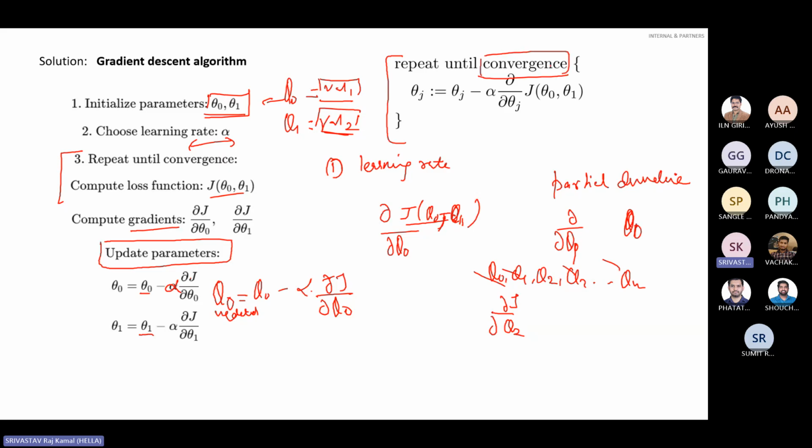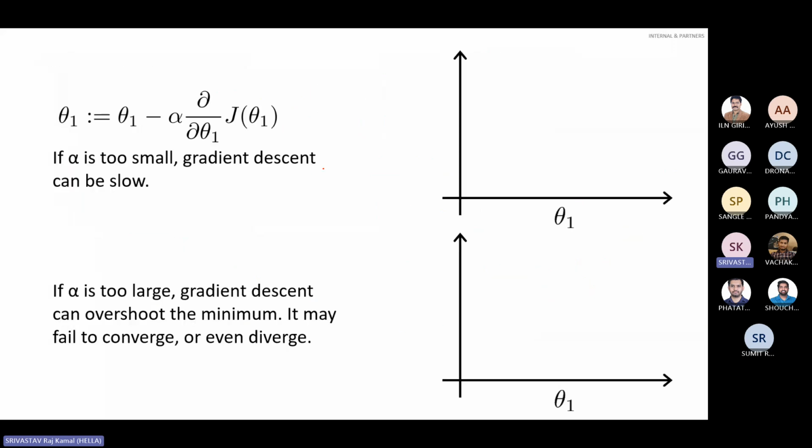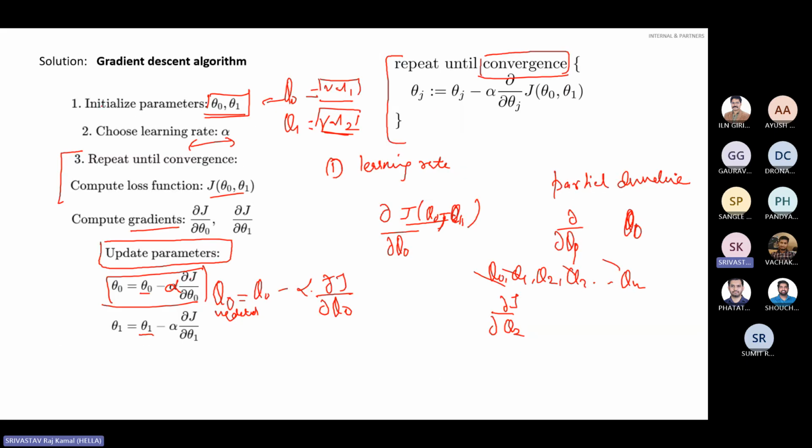Before jumping to the next slide, let's try to understand what exactly is happening here. Let me clean the board. Just a moment. See, we are here. This is theta 1, and this is j. We have seen multiple examples.